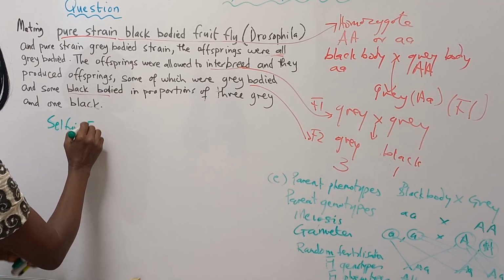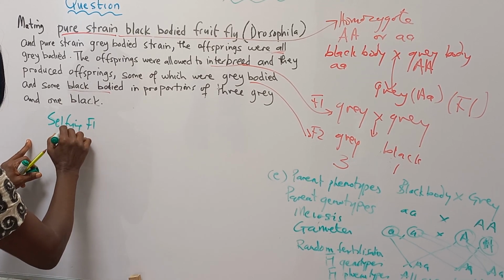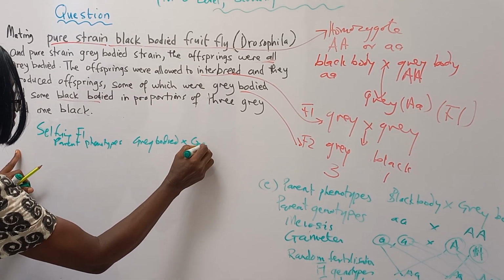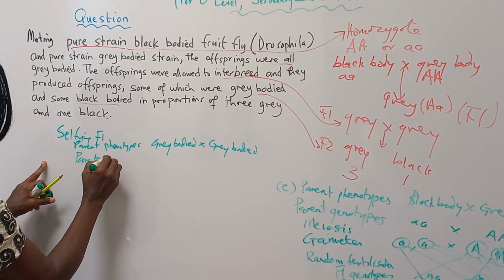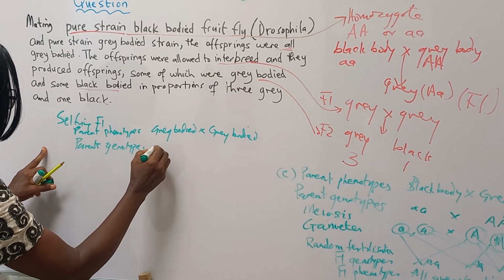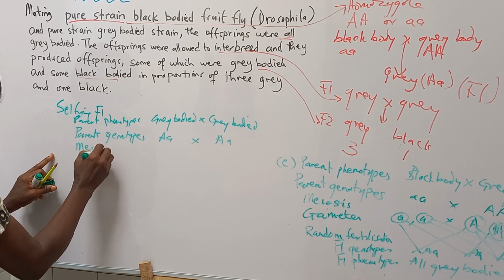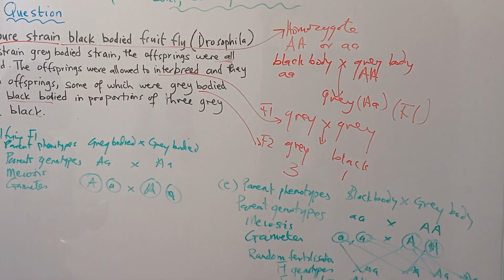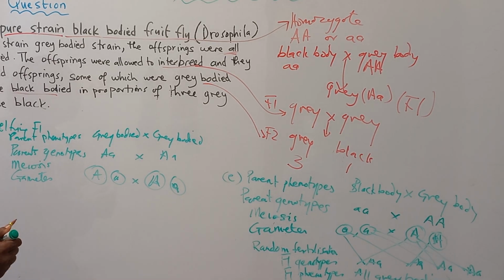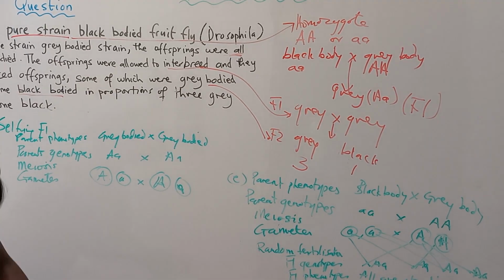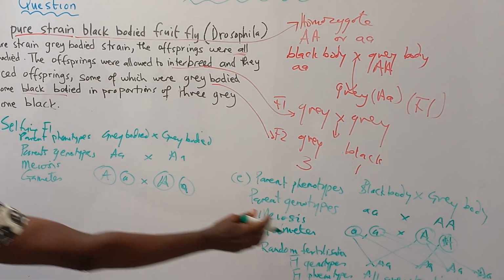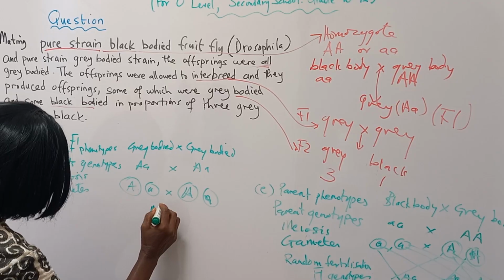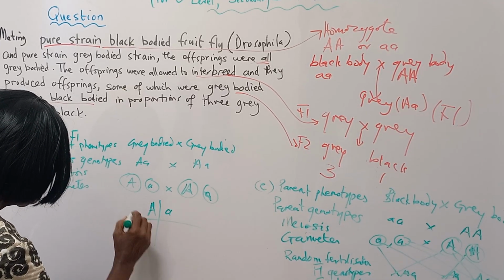So selfing F1s, we have parent phenotype, we have gray-bodied, parents genotypes, all gray body, meiosis, gametes, and we want to use the Punnett square to make things easy. So you have to learn how to use the Punnett square instead of crossing like this. So the Punnett square, we have male gametes up here.